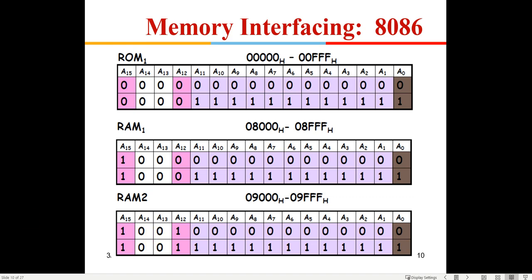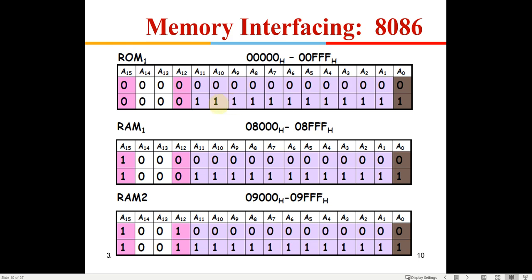How did it become 4k in just 12 bits? 4k, you require 10 bits. A0 to A9 represents 1K of different unique addresses.